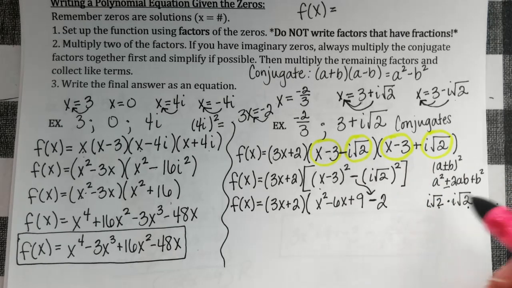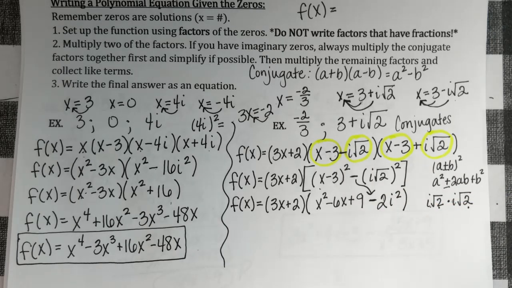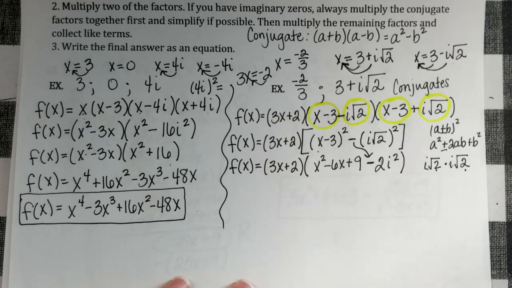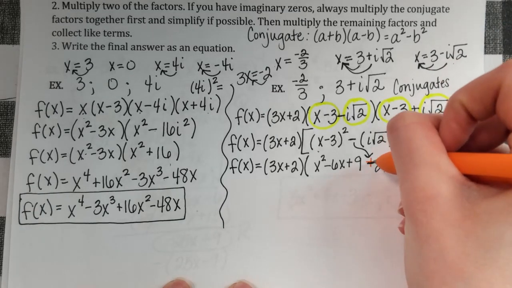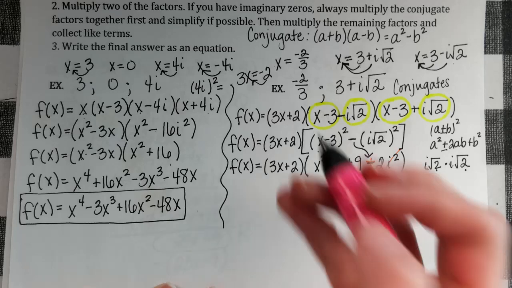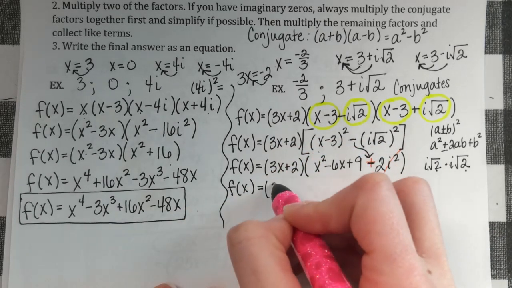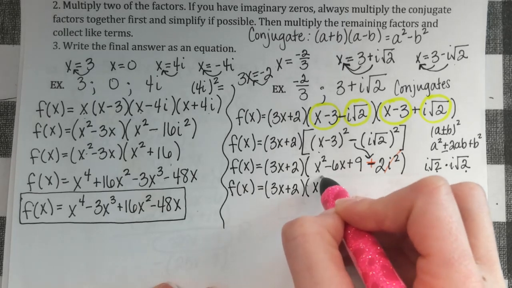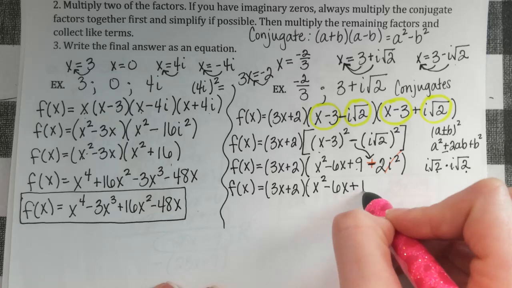And then i times i is i squared. Now, a negative 2 i squared is really a plus 2. So I have f of x equals 3x plus 2 times x squared minus 6x plus 9 plus 2 will give me 11.